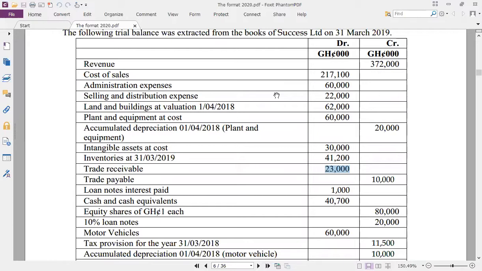So they stated equity shares. So I write here equity shares, and the value is 80,000. Good. Equity shares, 80,000.